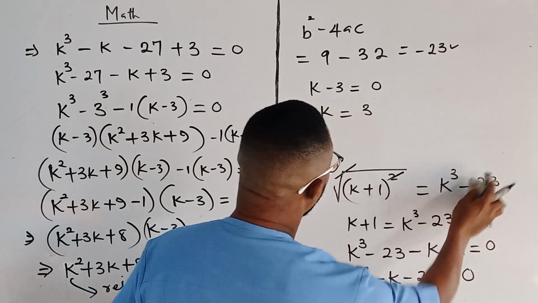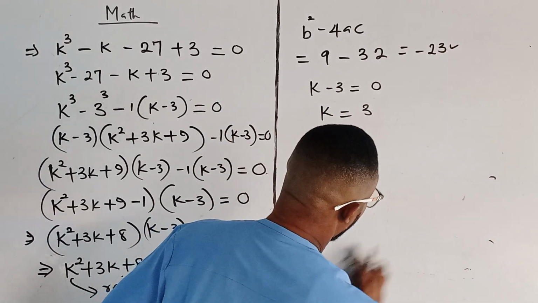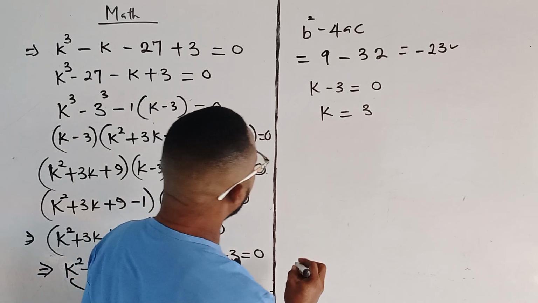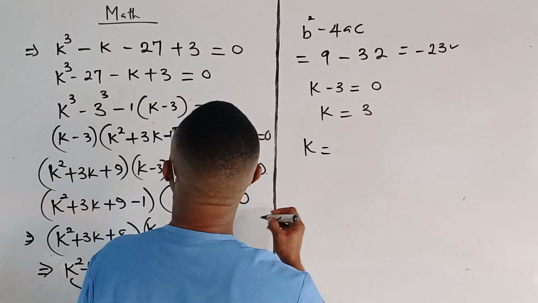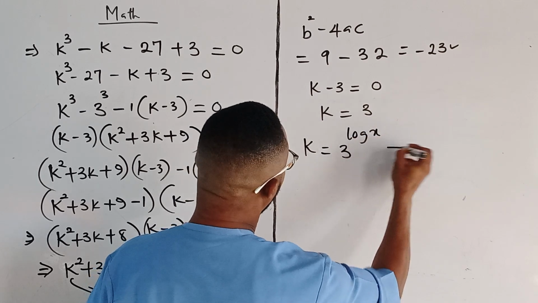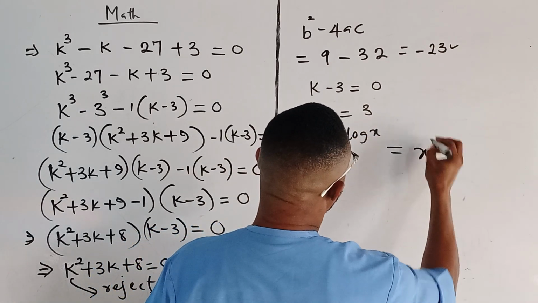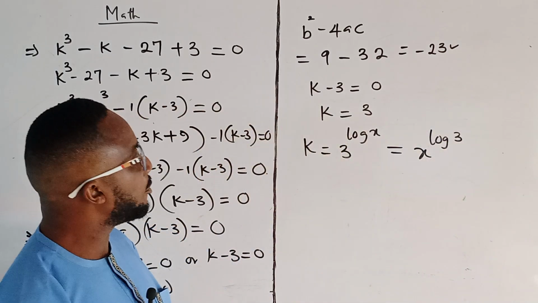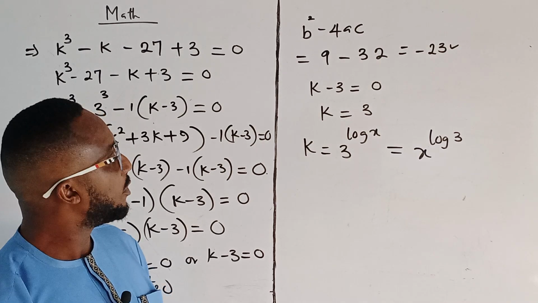Now, we made a substitution at the very beginning. We said that k is actually equal to 3 power log x or x power log 3. So either one can give us the value of x.